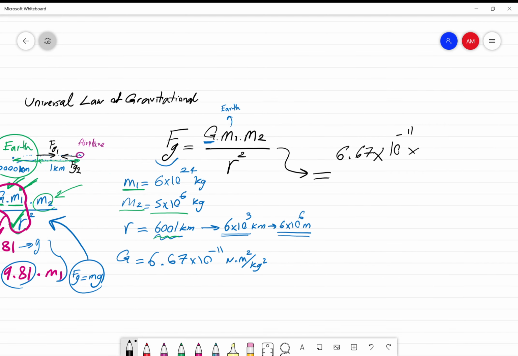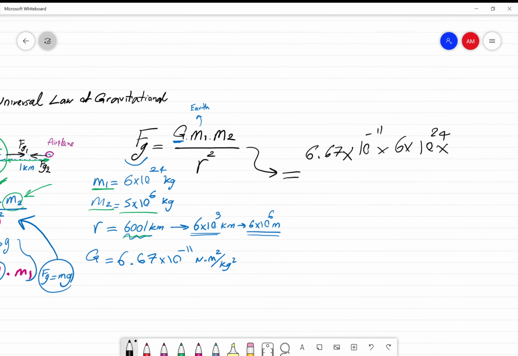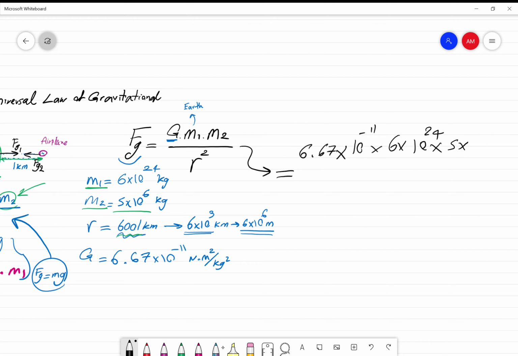M1 is equal to 6 times 10 to the power of 24, and then M2 is equal to 5 times 10 to the power of 6. They're all in kilograms. Divided by the radius to the power of 2. Radius was 6 times 10 to the power of 6, and that is to the power of 2. Okay, any questions?